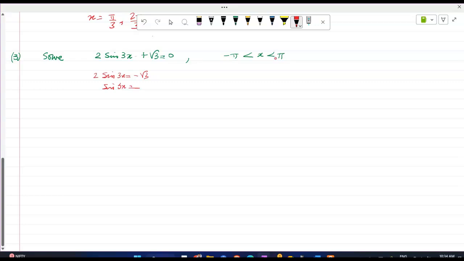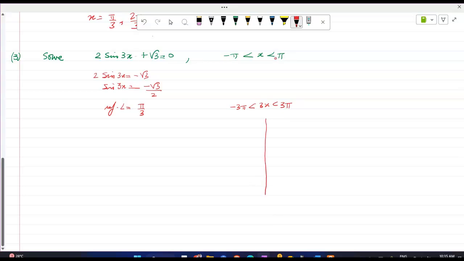Sin 3x is equal to minus root 3 by 2. Correct. Then your base angle, reference angle, again, pi by 3, because sine of pi by 3 is root 3 by 2. Now adjust the domain. Third and fourth quadrant. Adjust the domain. So you multiply by 3 throughout.